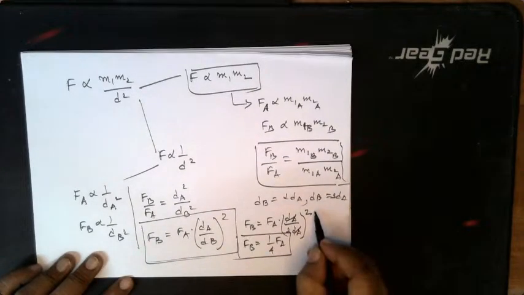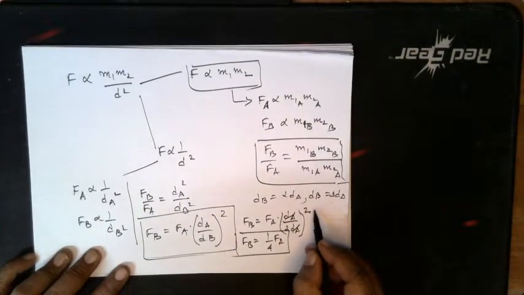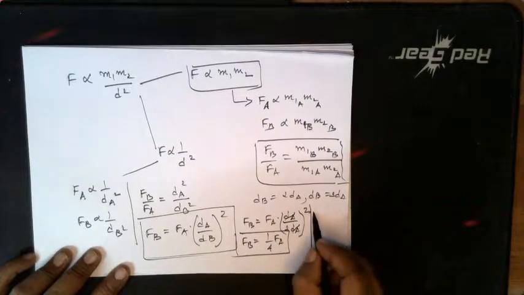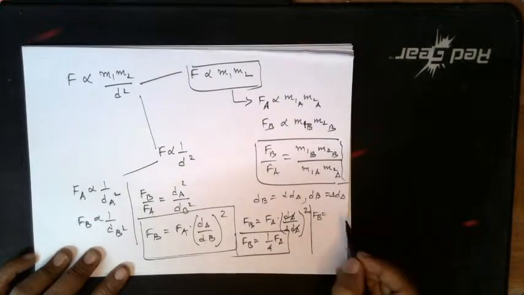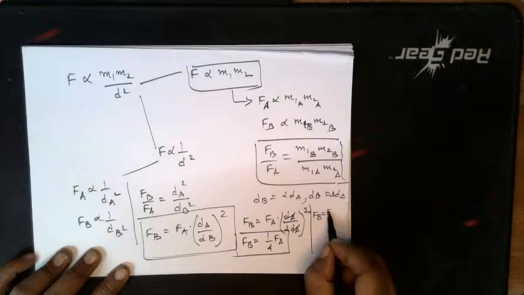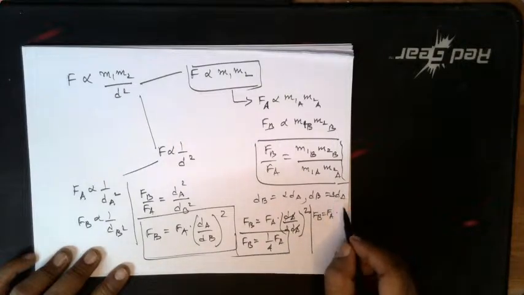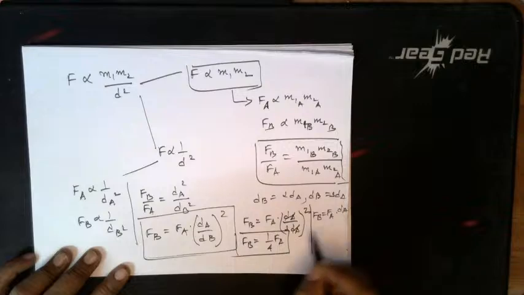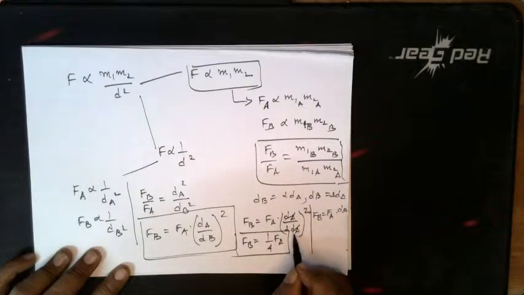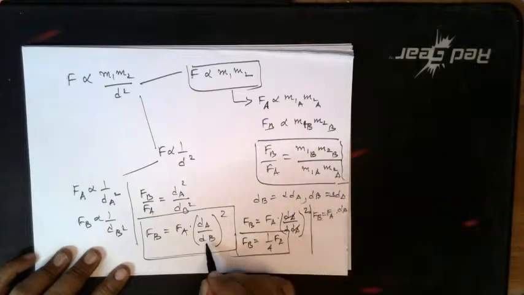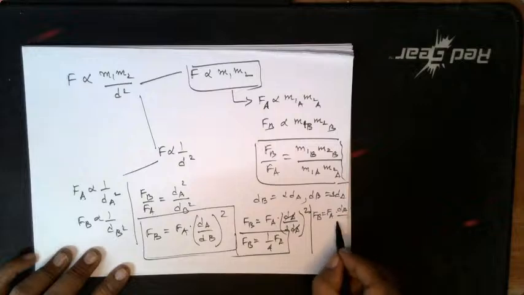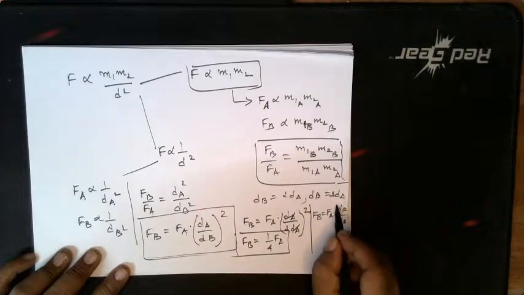And similarly, in this case, FB is equal to FA into, what is dA? dA is dA only, no change. But dB is how much? 3 dA. So you can put 3 dA whole square.